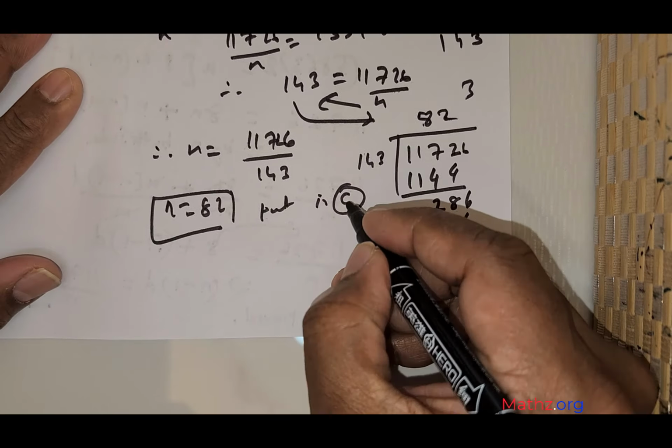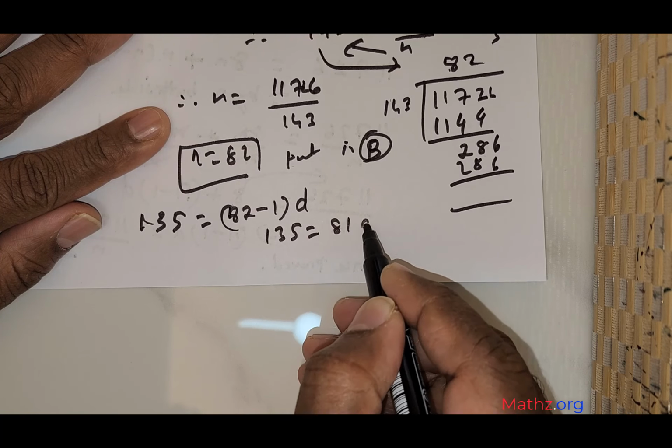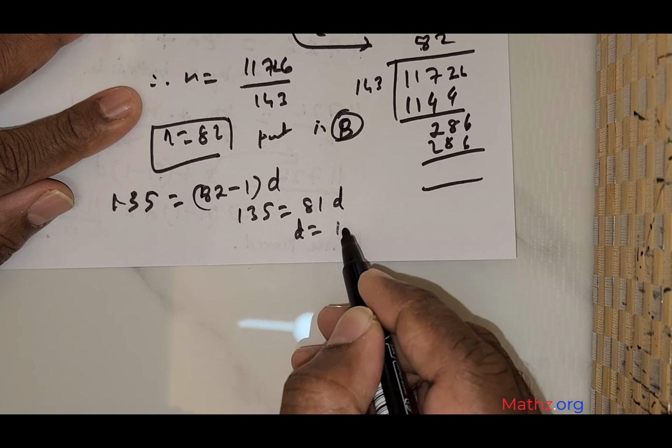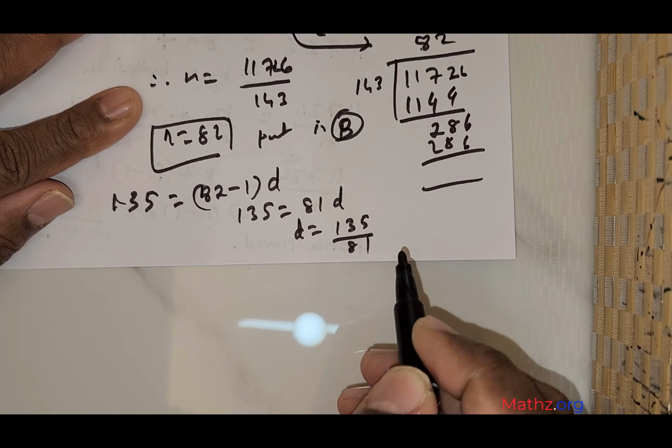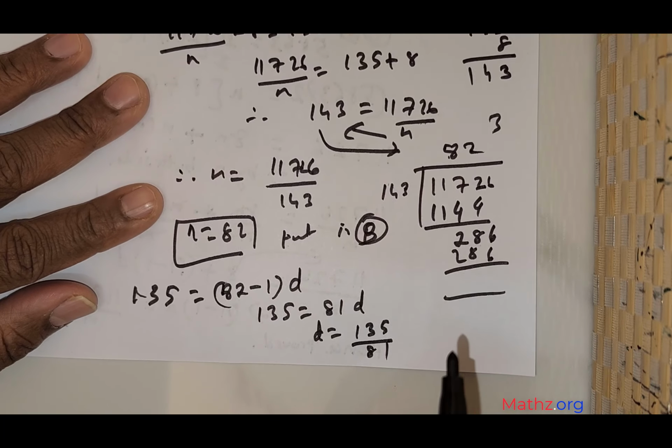That would mean 135 is equal to (82 minus 1) into D. This means 135 is equal to 81 into D, so D is equal to 135 divided by 81.